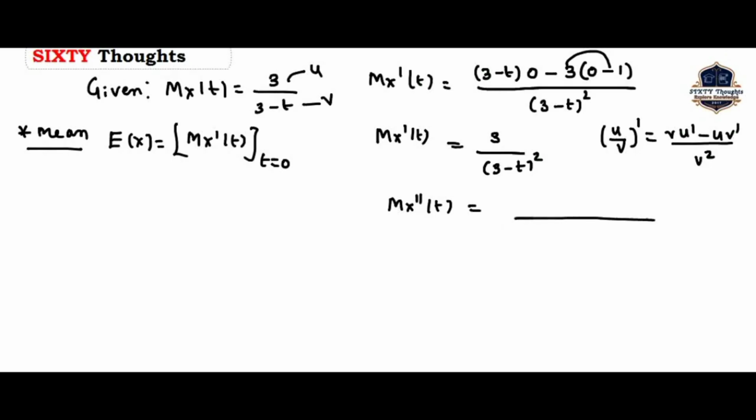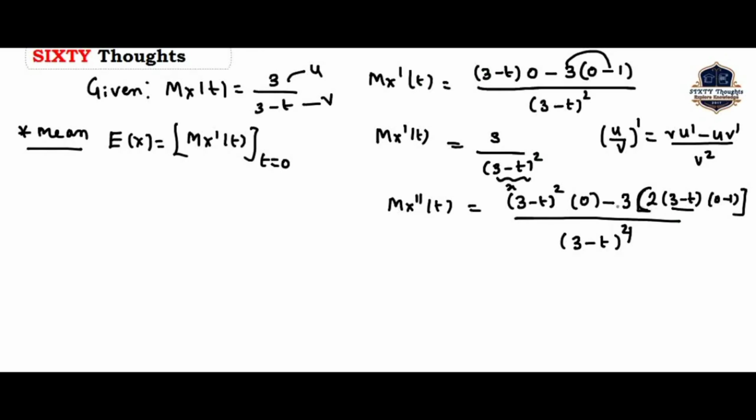So once again the denominator term is 3 minus t whole square. Here v square is there, so we get power 4. Into differentiation of 0, minus, we consider u as it is, that is 3. How to differentiate this? We consider this square: 2x, where x value is 3 minus t. After that differentiate this, we get 0 minus.